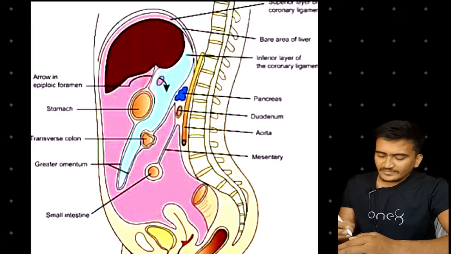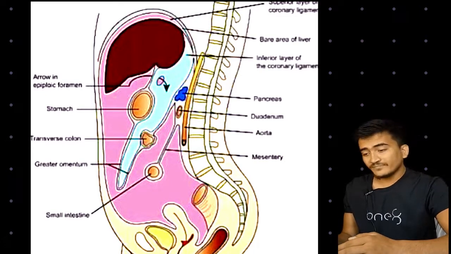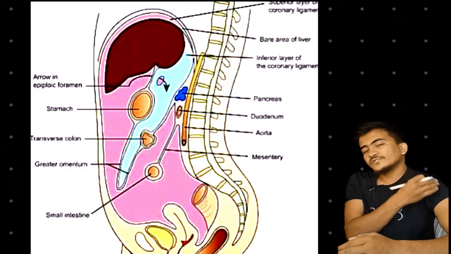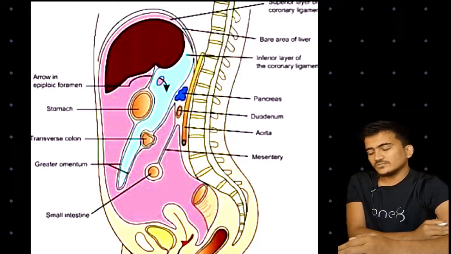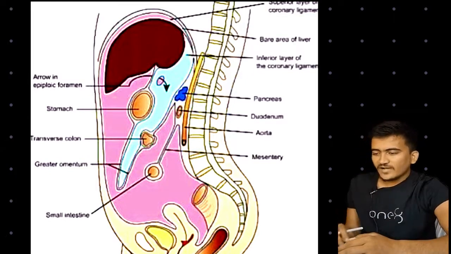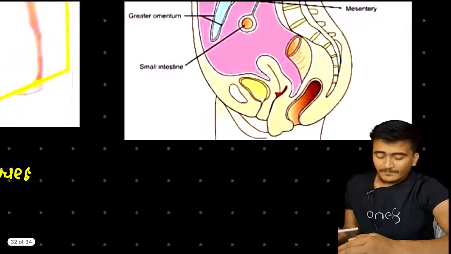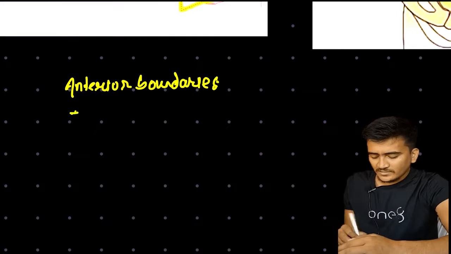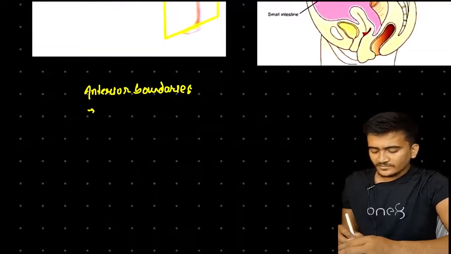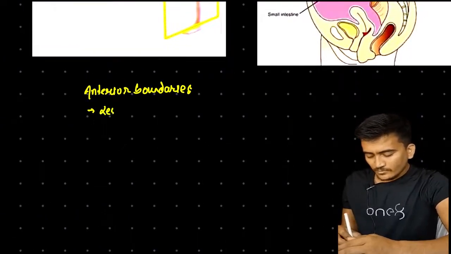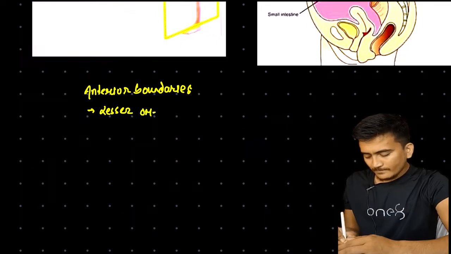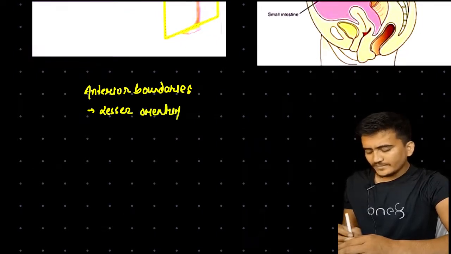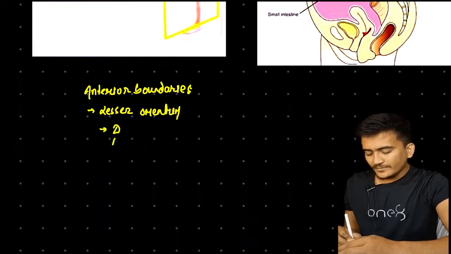Now this lesser omentum contains different structures within it. The structures are bile duct, hepatic artery and portal vein. So the anterior boundary is our lesser omentum, which contains our DAV structures.